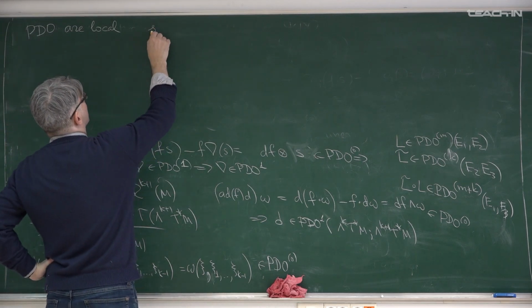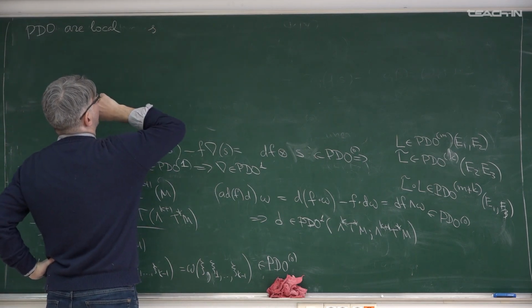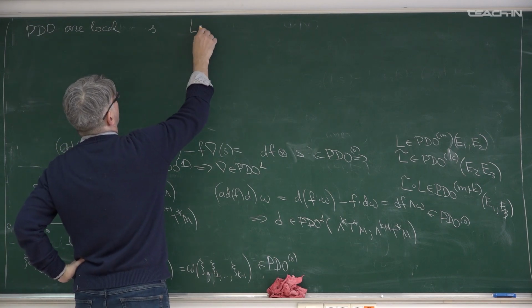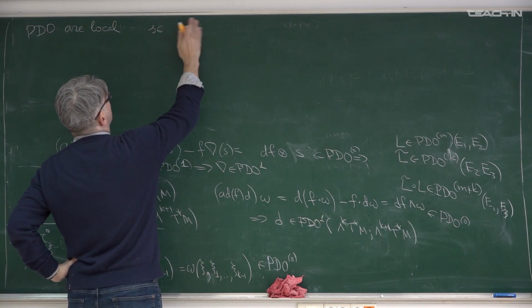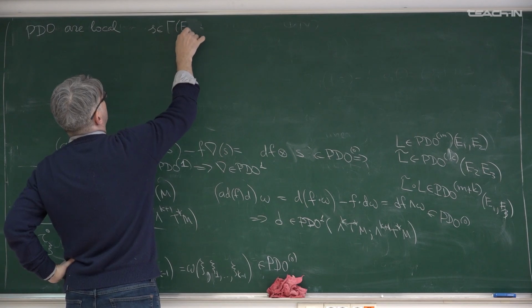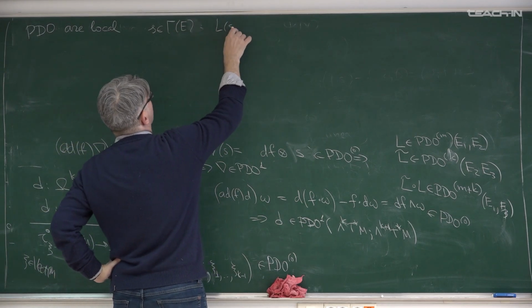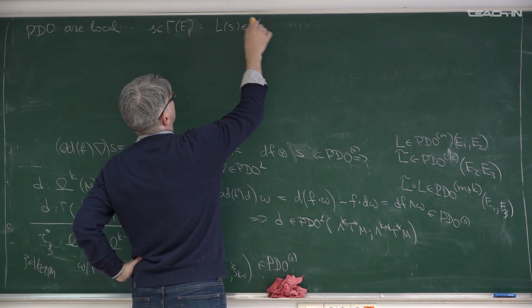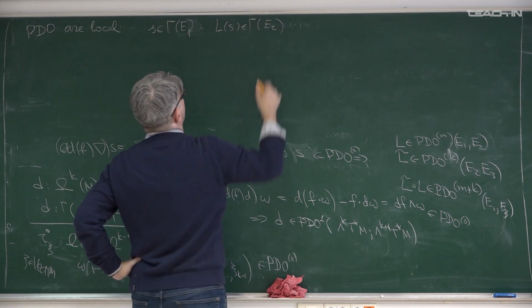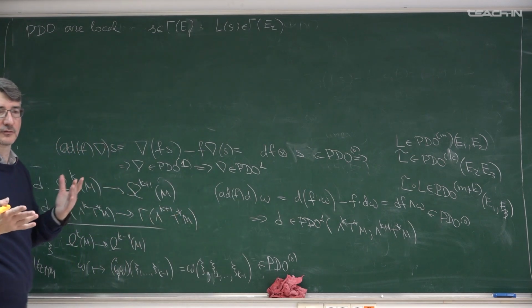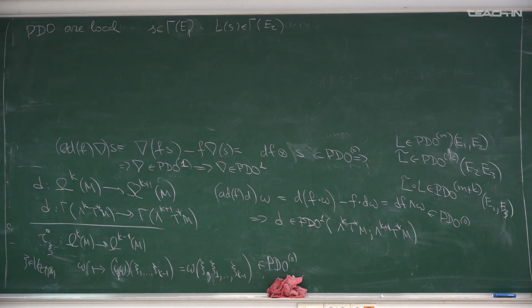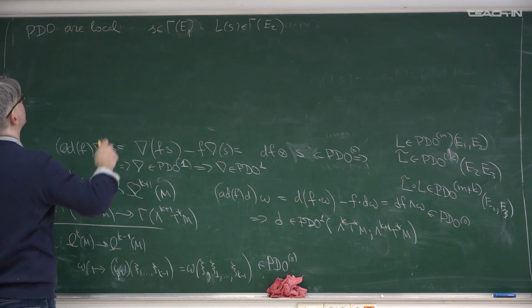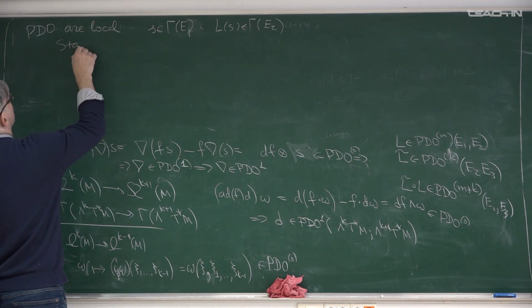Assume we have a section S, a section of the vector bundle E, and we have L of S, which is also a section. You have two sections, and they have supports. Which support is greater?